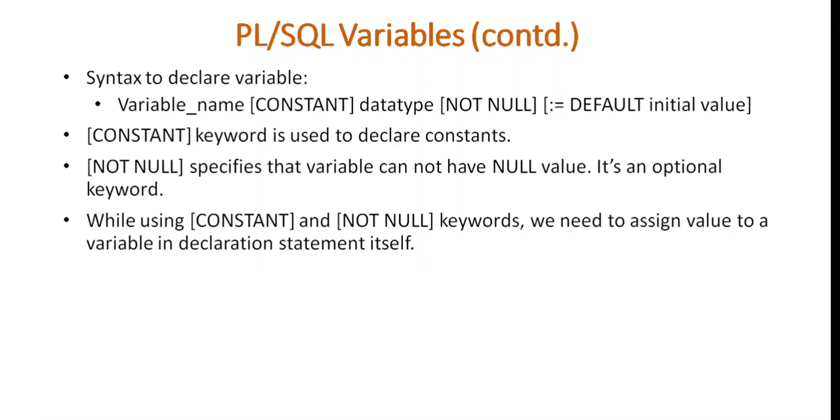But when we use the constant or not null keyword while declaring a variable, we need to specify the value. We need to initialize the variable at the time of declaration only. Okay. So these are variables in PL/SQL and the syntax to declare variables in PL/SQL.